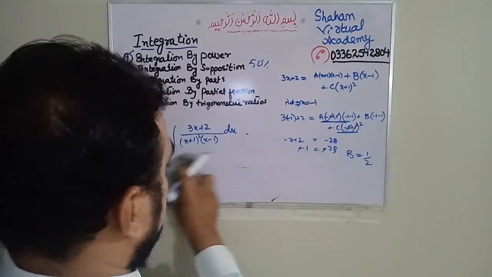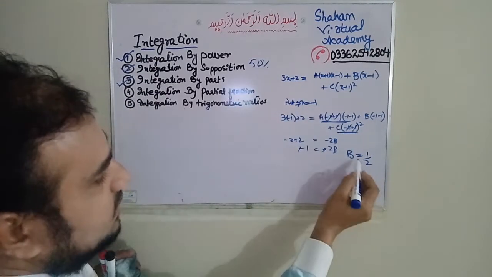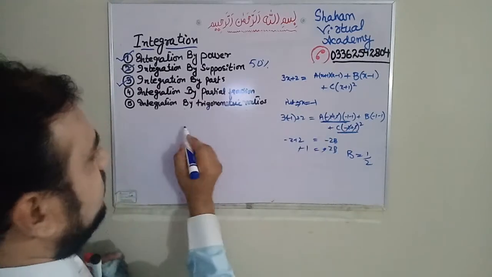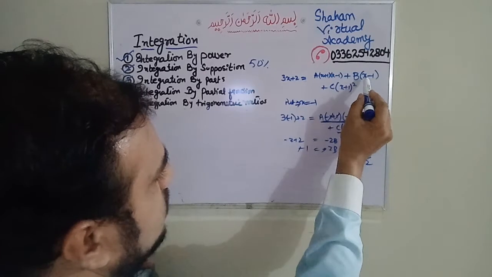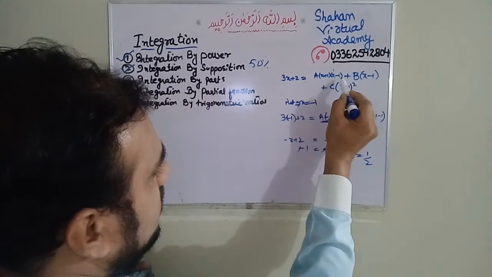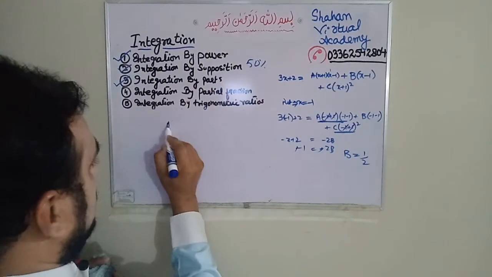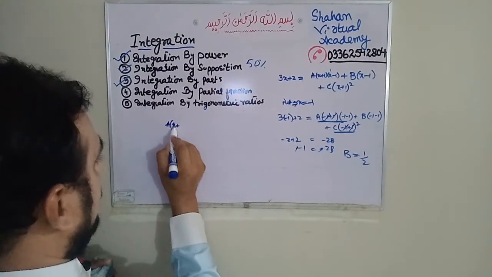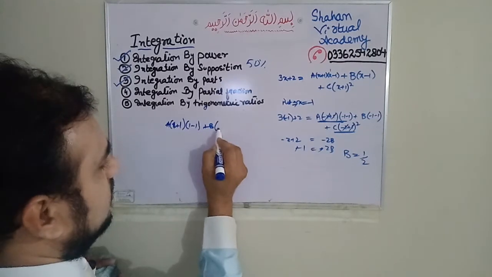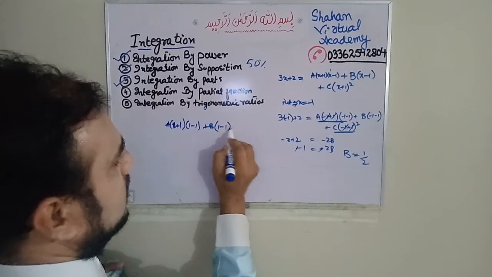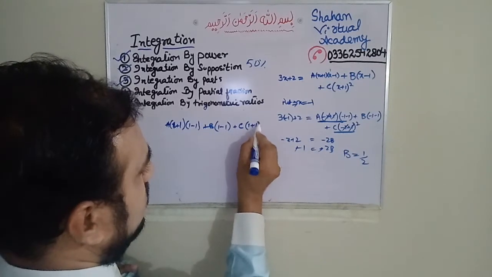Okay, with the help of this, we find the value of b. Now move on again. If we put the x value 1, this will cancel: a (1 plus 1)(1 minus 1), b (1 minus 1), c (1 plus 1) whole square.